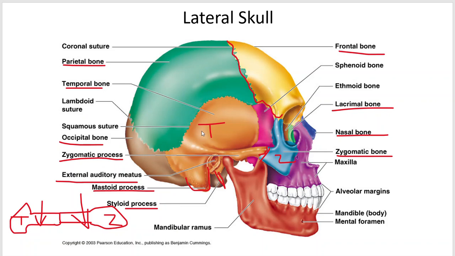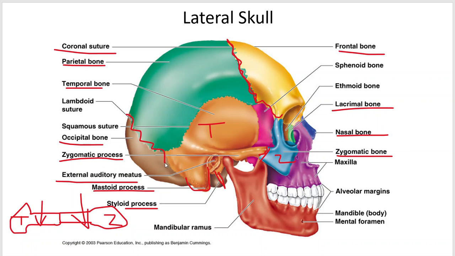Okay, let's see what else we got here. We need to start talking about some of these sutures. Let's see if they are there. Okay, the coronal suture is going to be this zigzag line where these two bones are fused together. That's called the coronal suture. It's where the parietal bone, both parietal bones meet the frontal bone. This is the lambdoid suture back here.